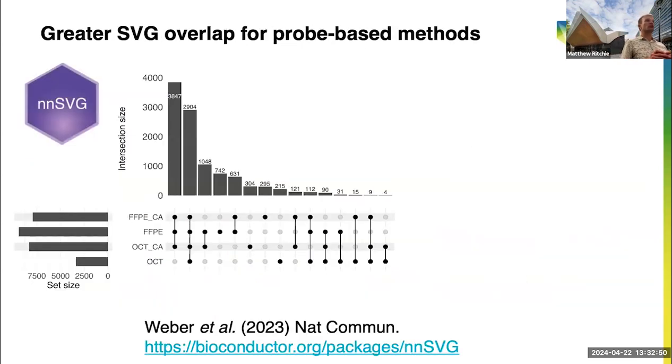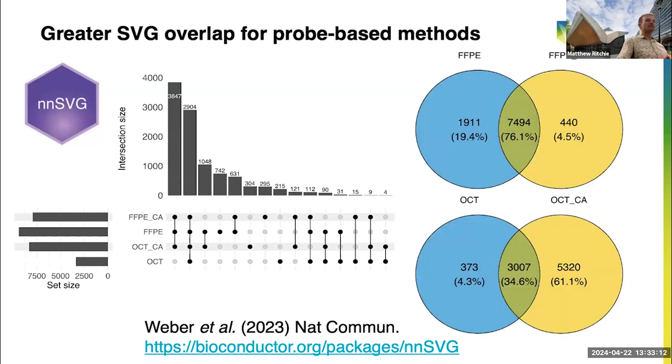If we look at the spatially variable genes recovered by nnSVG, so we're getting a single list of spatially variable genes, you can see here that the three methods, FFPE, FFPE CytAssist, and fresh frozen CytAssist, have the greatest level of overlap. And these are all probe-based methods. And if we zoom in and look at spleens prepared using FFPE, we're seeing much more concordance between the spatially variable genes detected for that condition compared to spleens prepared by fresh frozen methods.